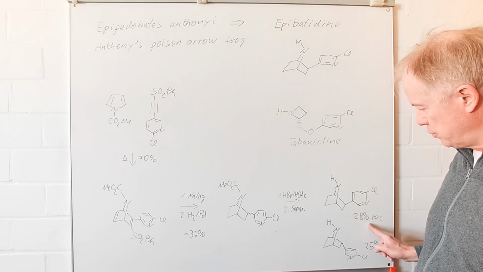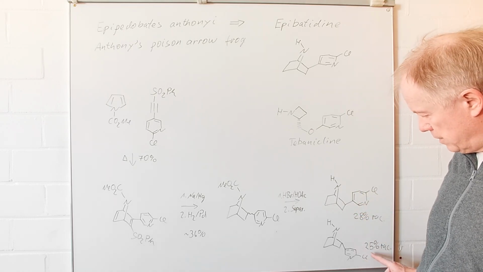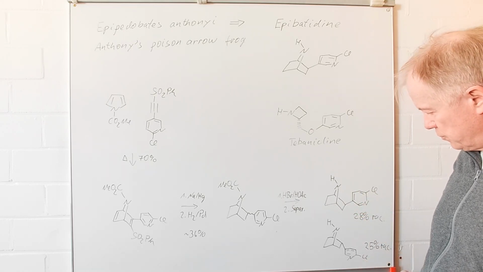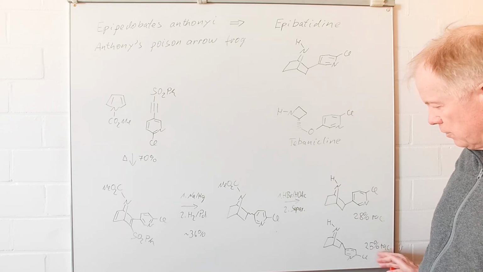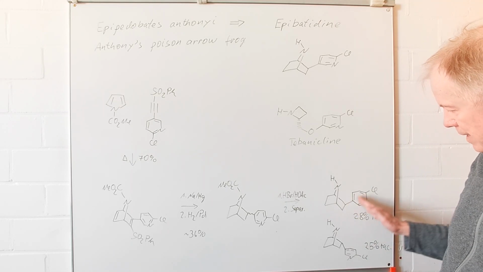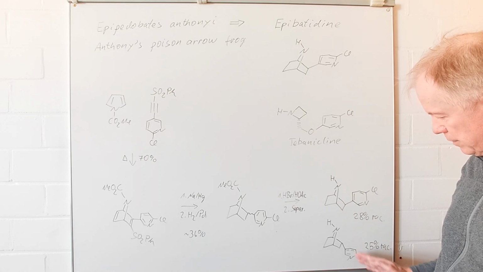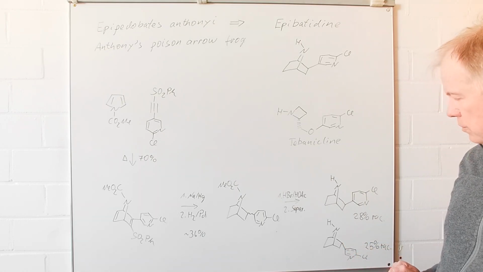Here 28% of racemic epibatidine, and here additionally 25% of racemic endoisomer. Here this is the exo position of that chloropyridine ring. Here we have the endo position.